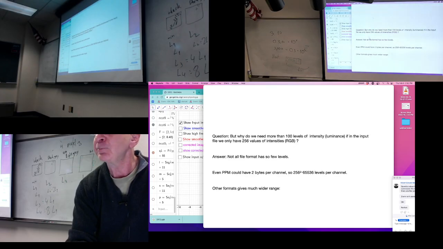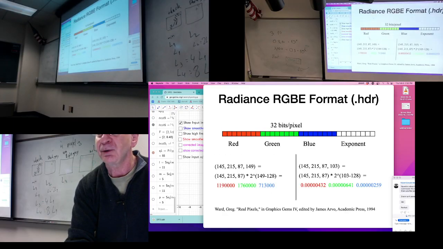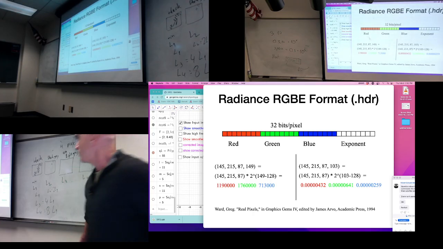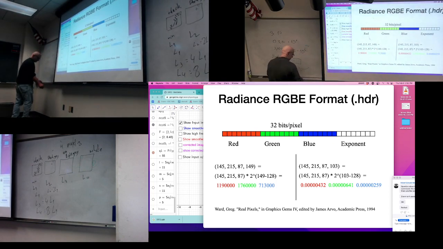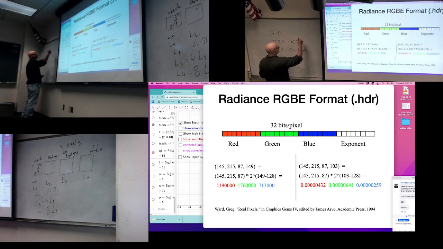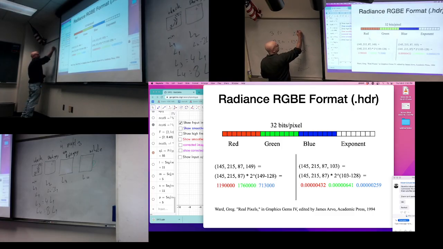Is PPM with 2 bytes per channel accumulate or better fit higher dynamic range of images comparing to the HDR format? And to ask you maybe what's the limitation of each one. And obviously, because in the exponent, you can go all the way down to 2 to the minus 127.